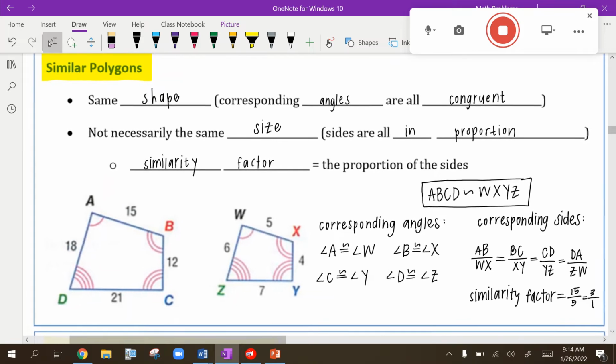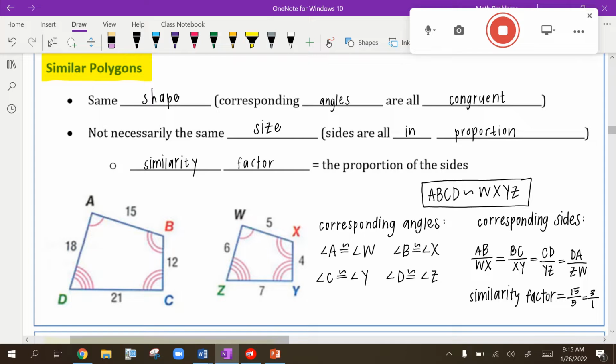Now for this figure, we have two quadrilaterals, ABCD and WXYZ. Notice that the corresponding angles A and W, B and X, C and Y, D and Z are all congruent to each other. In addition, the corresponding sides all have the same ratio.